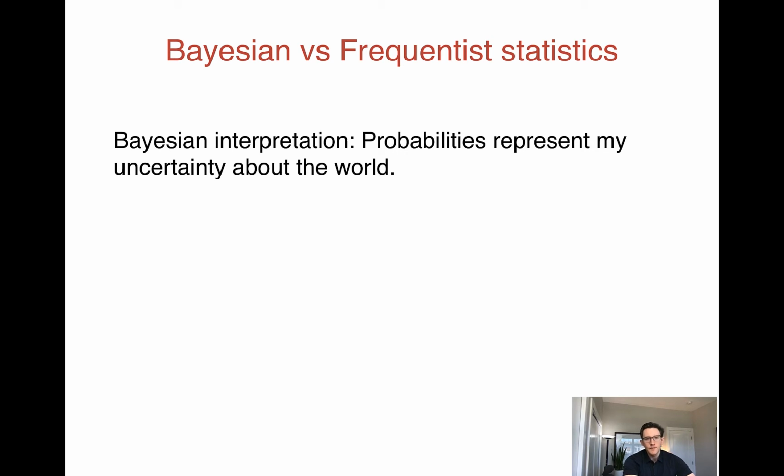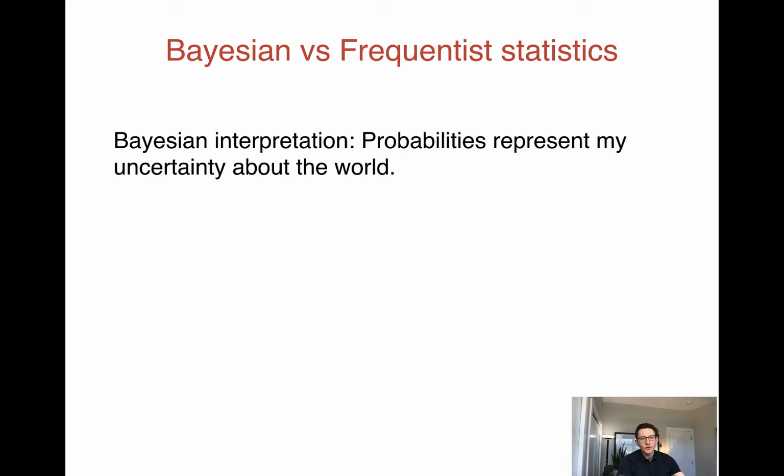So for example, if I see a coin is flipped, but I don't see the outcome, and I ask what is the probability that the outcome x equals heads, that will be 1/2 for me. That's my uncertainty about the outcome of the coin.